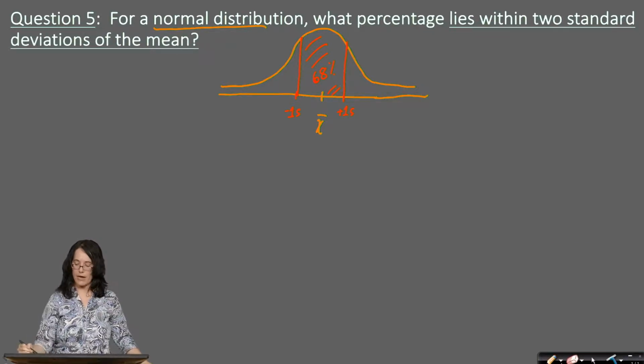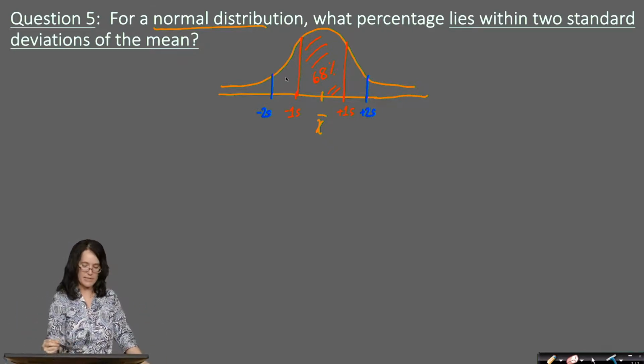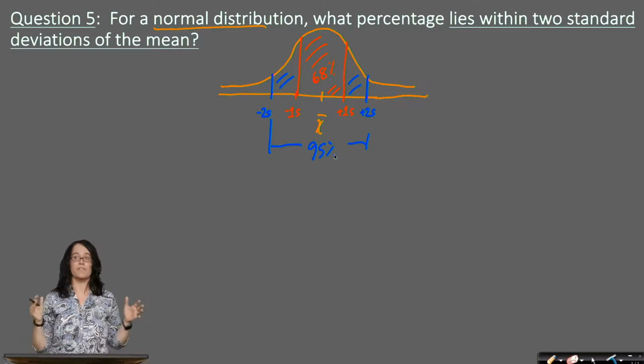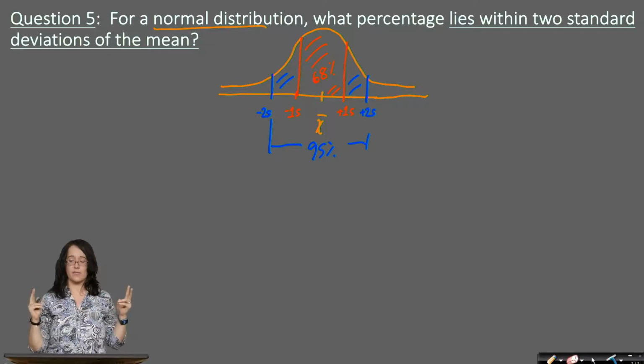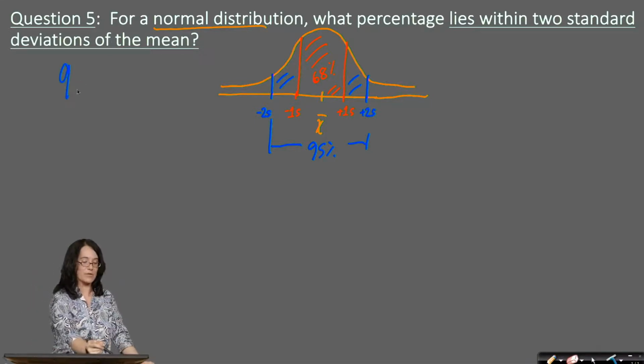But we said that if we went out two standard deviations, so plus 2s or minus 2s, that total of all of the data is going to be 95%. So if I were to take this piece here, add it to 68, and add it to this, all of this together from here to there should be 95% of all of your data. So 95% of all of your data lies within two standard deviations of the mean. That is the answer that they're looking for, okay?